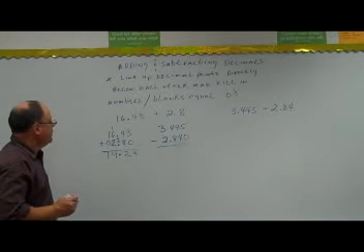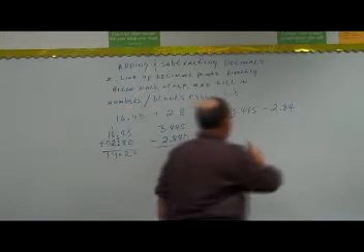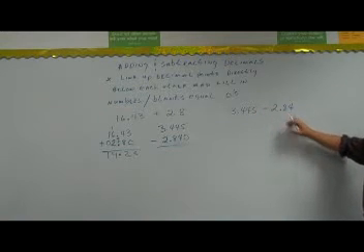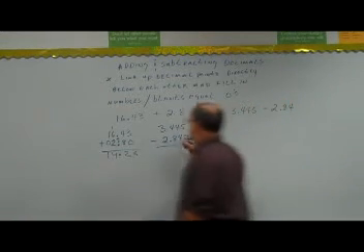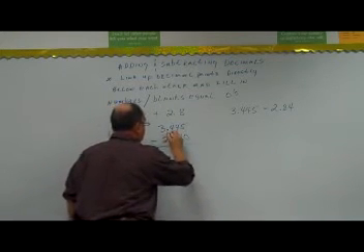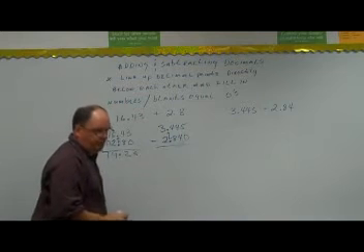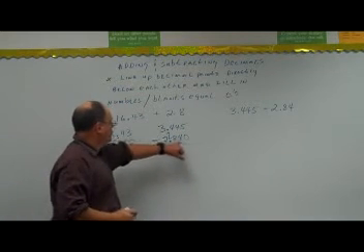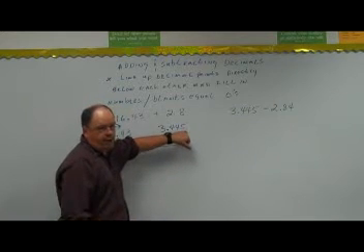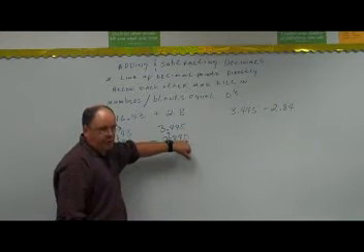Okay. This one, 3.445 minus 2.84. Again, I aligned up the decimal points directly below each other, and I just filled in the numbers. The only number that I didn't have was a number for the 5, so I just created a 0.